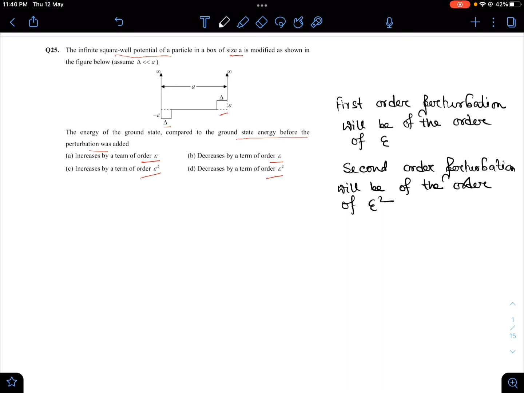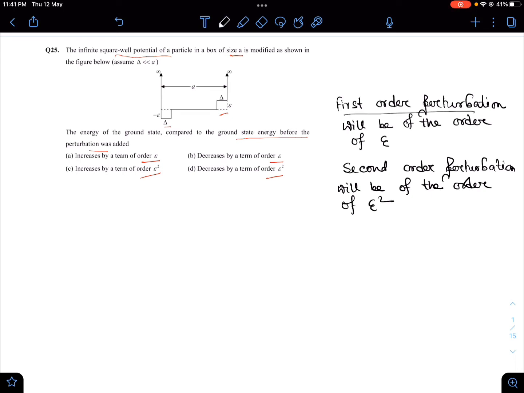So if there exists a non-zero first order perturbation, then we can say that the ground state energy increases or decreases by order epsilon. But if the first order perturbation is 0 and the second order perturbation is non-zero, then the energy increases or decreases by order epsilon square. So first let us evaluate the first order perturbation.